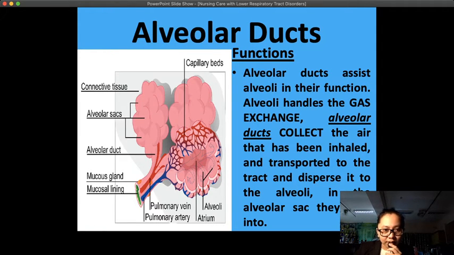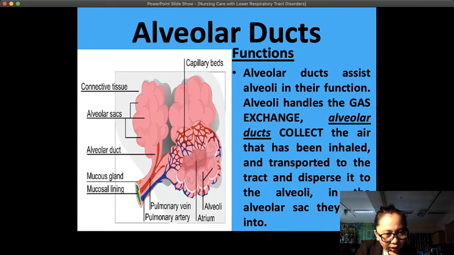Alveolar ducts, this is your alveolar ducts. They collect the air that has been inhaled and transport it through the tract, and disperse it to the alveoli in the alveolar sac that they feed into. So this is the alveolar sac.